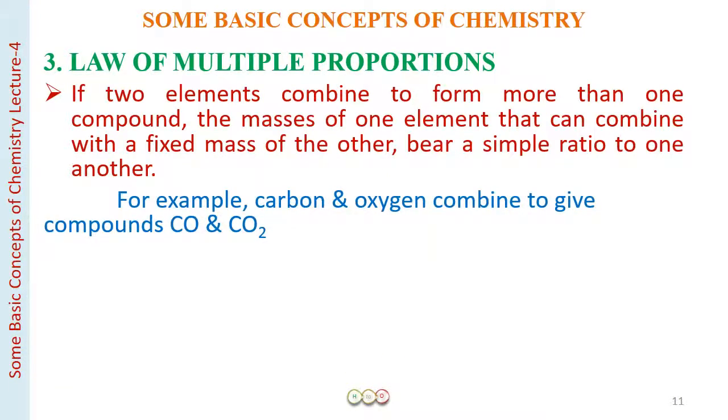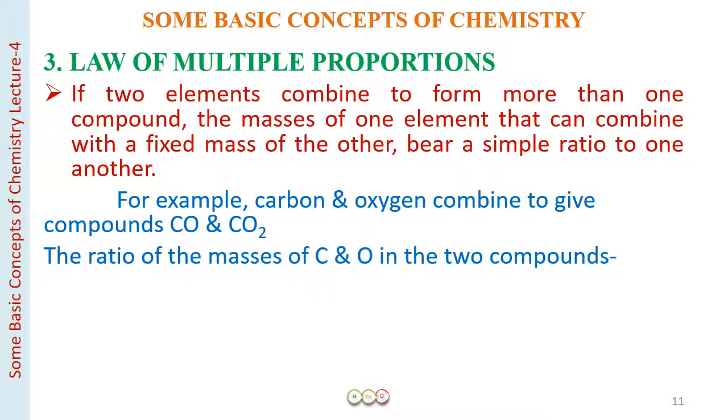So we have carbon and oxygen. They are combining to form carbon monoxide and carbon dioxide. So we have two elements combining to form more than one compound. Now what are we supposed to do? We are supposed to see the masses of one element, let us say oxygen, combining with the fixed mass of the other, let it be carbon.